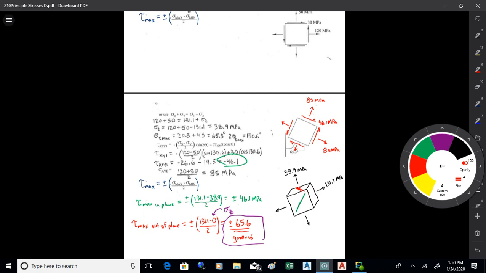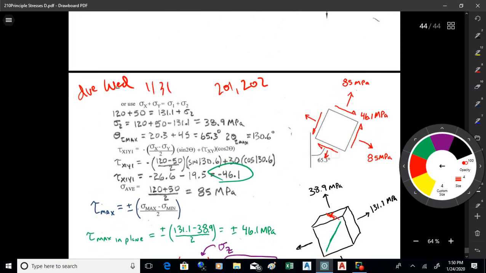Well, let's make them do Wednesday for now. We'll try that and see if that works. So that'll be 201 and 202. Those are due Wednesday the 29th, right? Not the 30th or 31st. So do the 29th, 201 and 202. We okay with that?